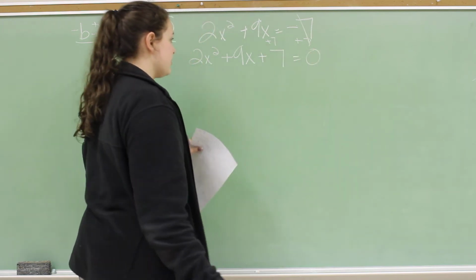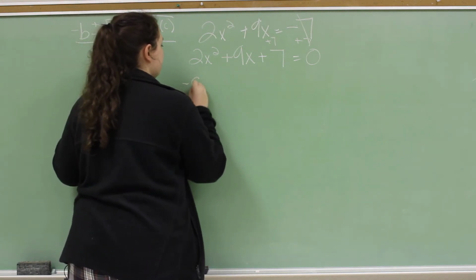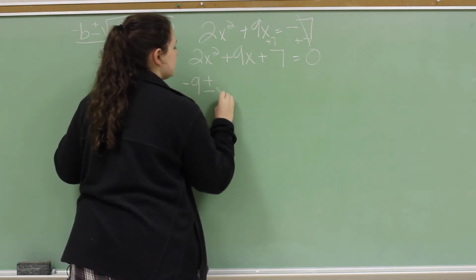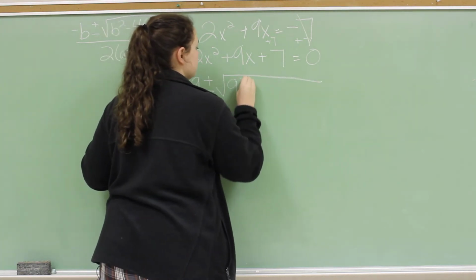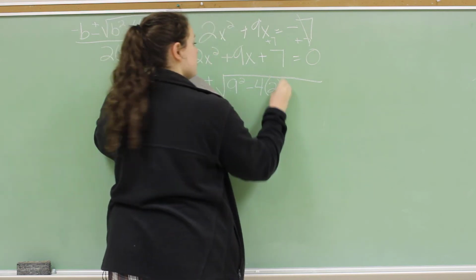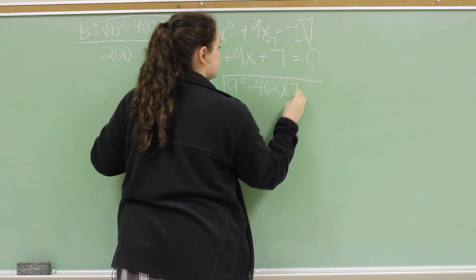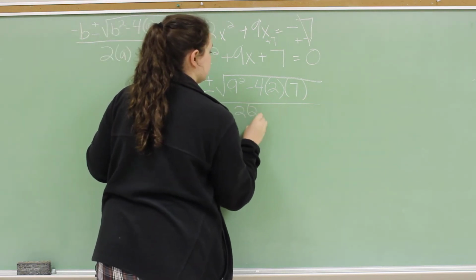So, plugging it back into the equation, negative b, so negative 9 plus or minus the square root of b squared, which is 9 squared, minus 4 times 2, which is our a, times c, which is 7, all over 2 times a, which is 2.